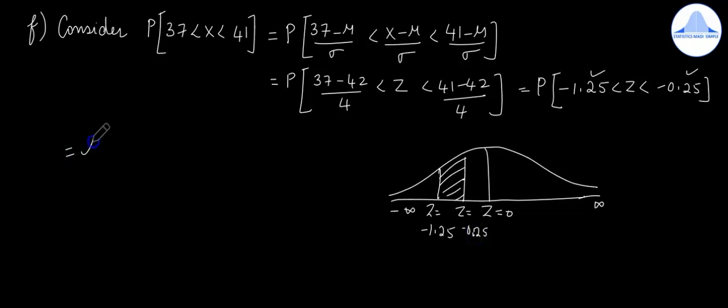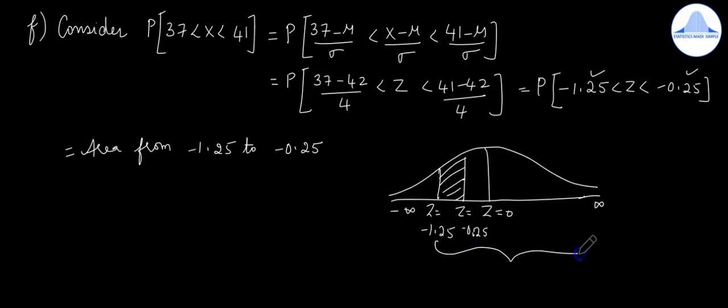So this is written as the area from minus 1.25 to minus 0.25. You should remember always that we cannot find out the area from one number to another number. We can find out only from one number to infinity. So from the starting point of the shading till infinity, draw a bracket, and from the ending point of the shading till infinity, draw another bracket.